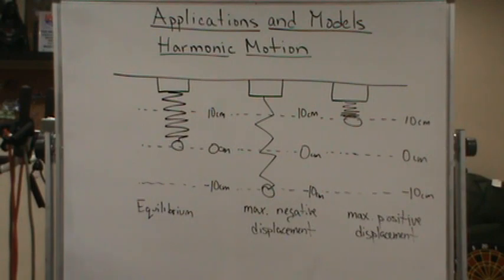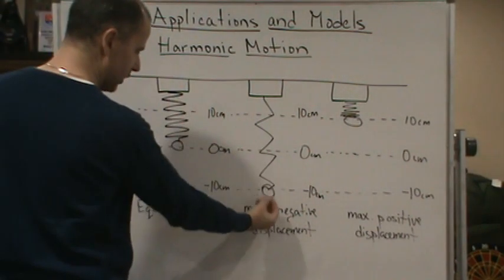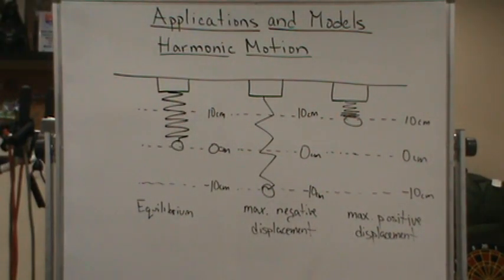Okay, and so let's say we pull the spring to its maximum negative displacement, and we let it go and it bobs up and down. The ball moves vertically up and down from its equilibrium position when it's at rest.